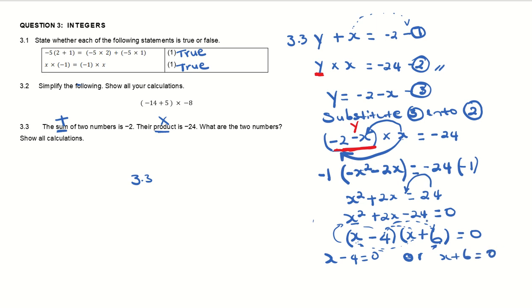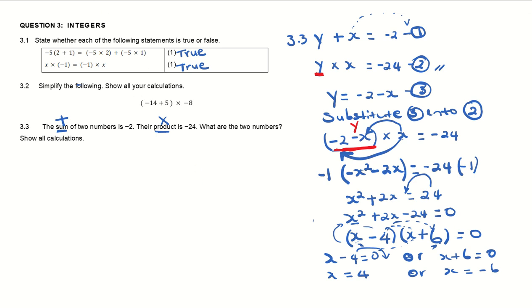Because if this is to be 0, we multiply it by x minus 4 in the brackets, we'll also get a 0. Now we can see that our x is equal to 4 as we transpose 4. And this side, our x is equal to negative 6. So we have two possibilities for our x, okay? It can either be 4 or negative 6.